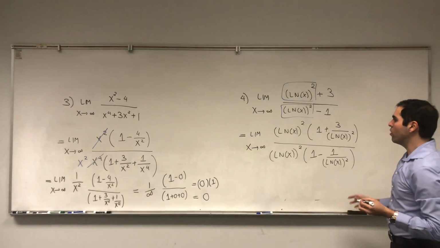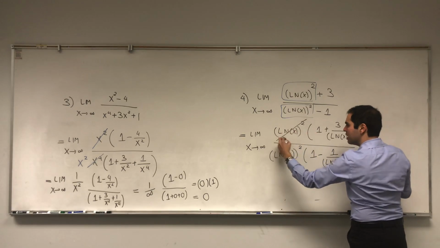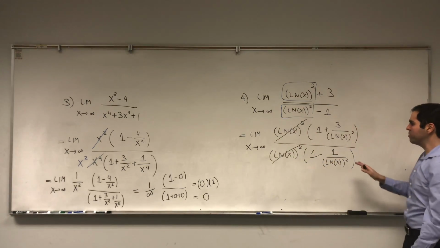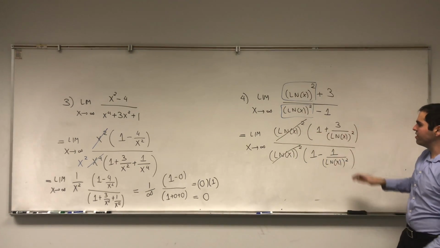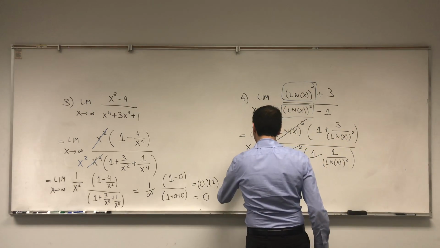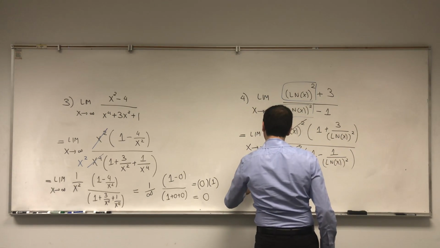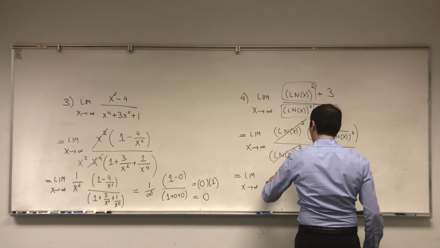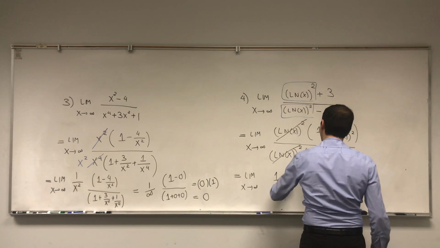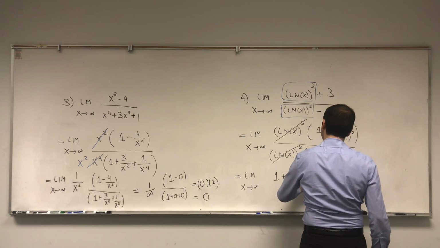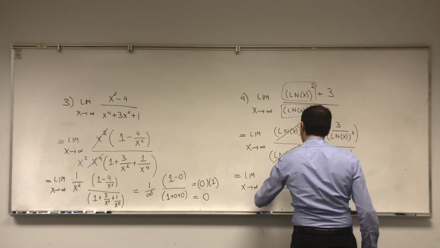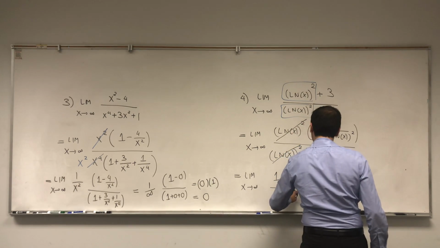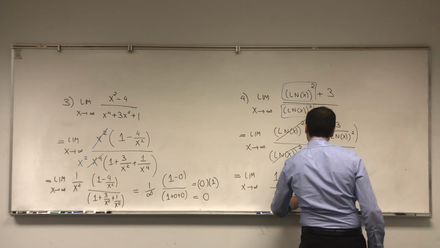And then lo and behold, notice what is happening. The ln of x squared terms cancel out, and you're left with simply the following limit as x goes to infinity of 1 plus 3 over ln of x squared over 1 minus 1 over ln of x squared.